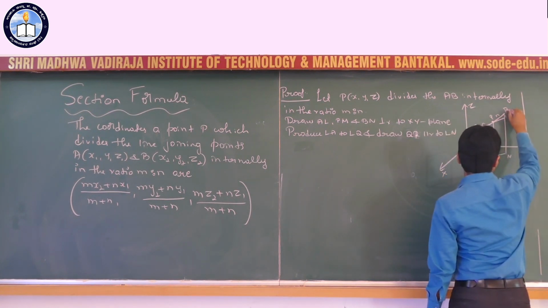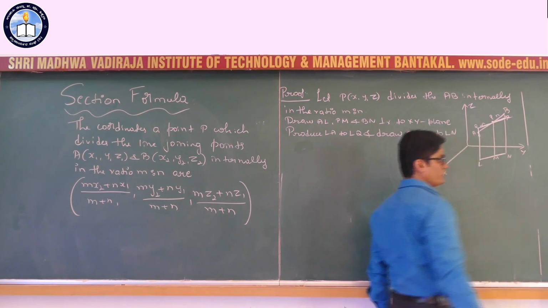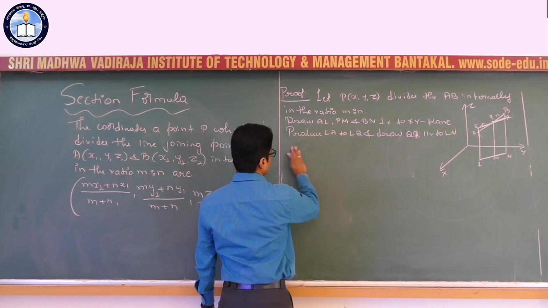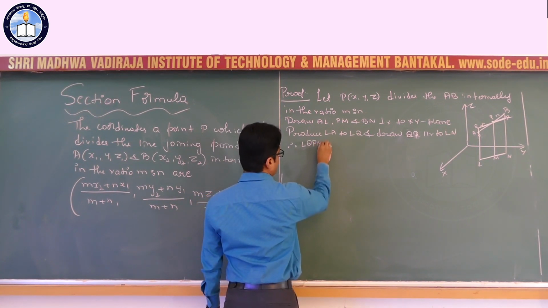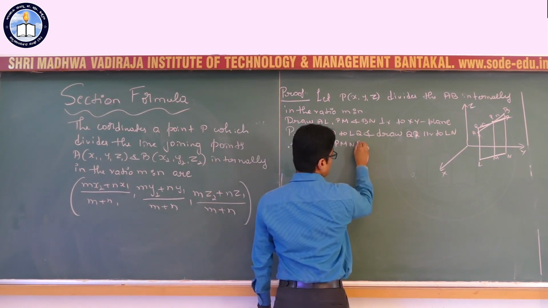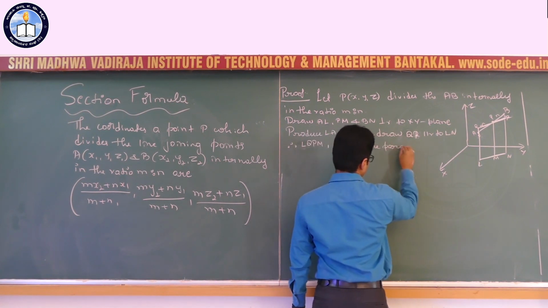So if this is B, this is QR, and this line is parallel to this line, so you will get 2 or 3 different parallelograms. Therefore LQPM and PMNB are parallelograms.